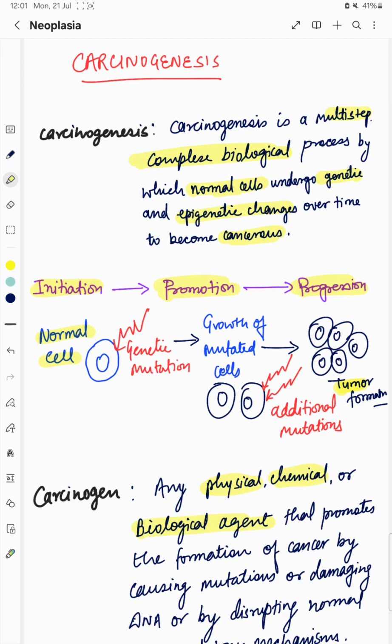These may result in genetic mutation. After the genetic mutation, the normal cell harbors some mutation and results in a mutated cell. The mutated cell in the promotional phase harbors some additional mutation and will result in a malignancy or tumor formation.